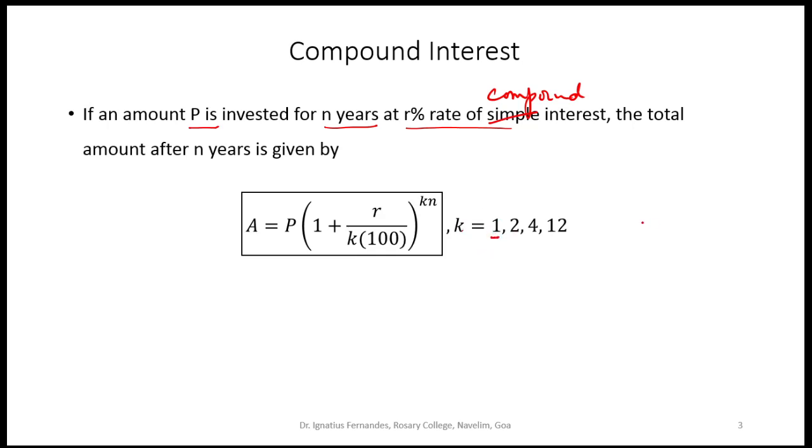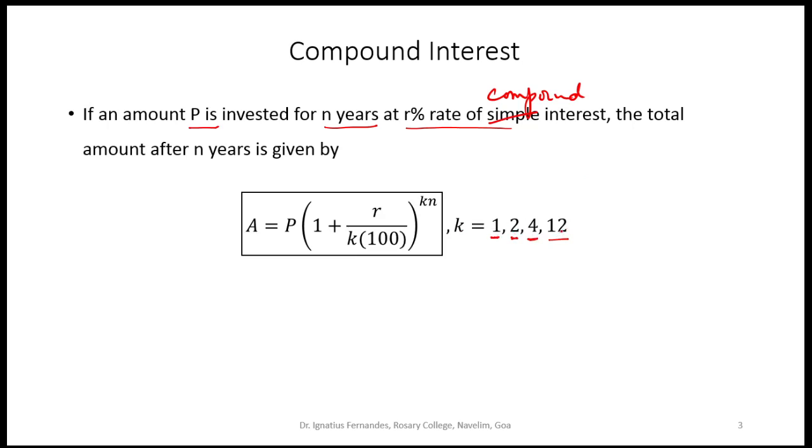If it is half yearly, we are dividing the year in two parts, so K is equal to 2. If it is quarterly, we are dividing a year in 4 quarters, so K is equal to 4. And if it is monthly, we have 12 months in a year, so K is equal to 12.